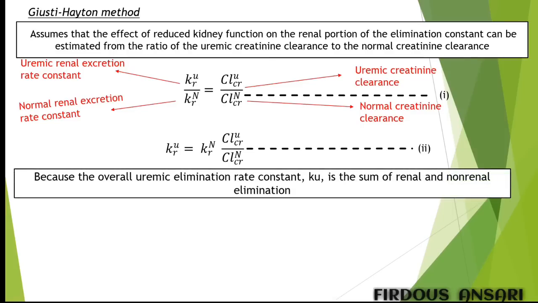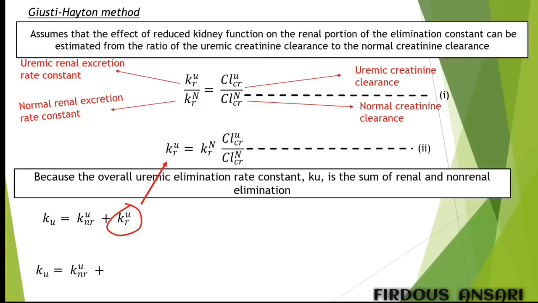Because the overall uremic elimination rate constant Ku is a sum of the renal and non-renal elimination rate constants, you can write Ku equals Knu, that is the non-renal elimination rate constant in uremic patient, plus the renal elimination rate constant in uremic patient. And over here, in place of this, you should write equation number 2.